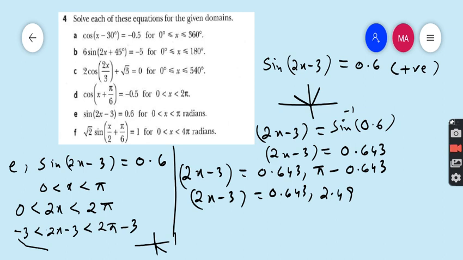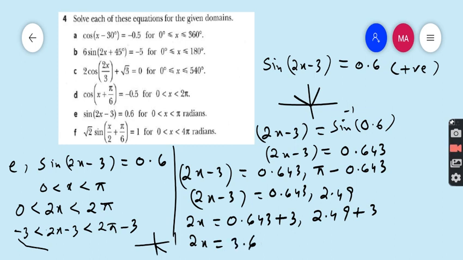Okay, now 2x is equal to 0.643. This minus 3 should be added, and this minus 3 should be added in 2.49 as well. 2x is equal to 3 plus 0.643, obviously 3.643, and 2.49 plus 3 is 5.49.